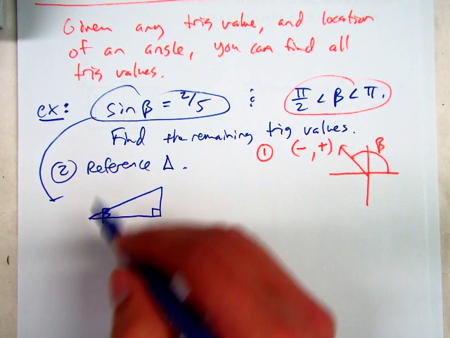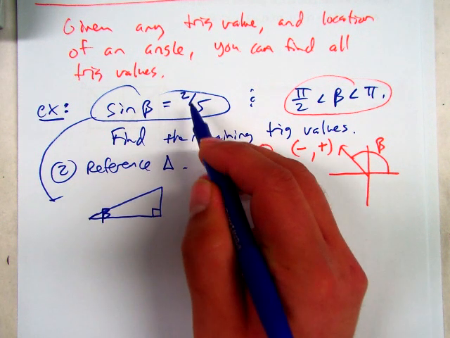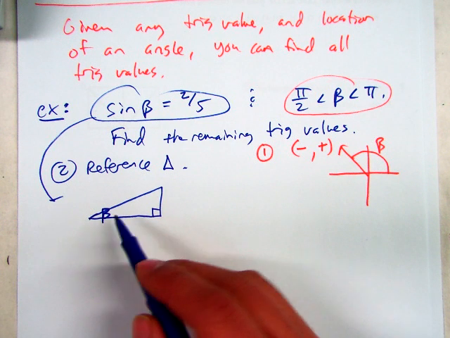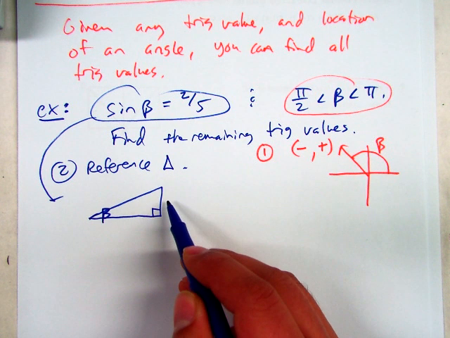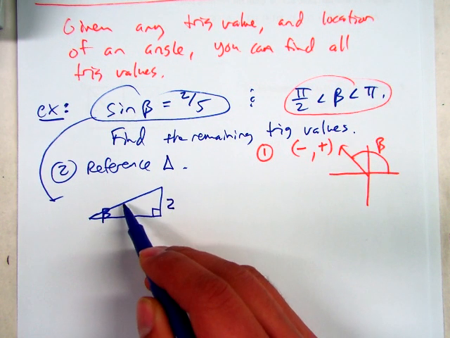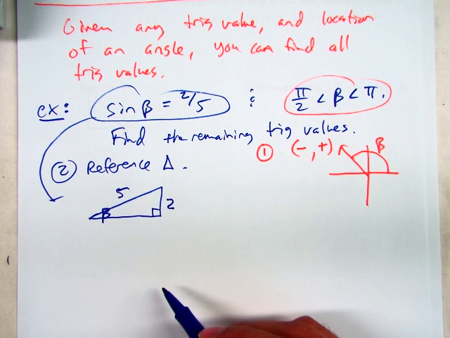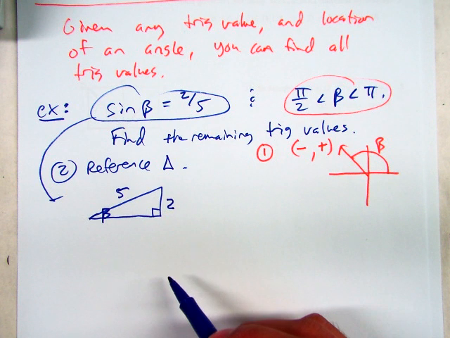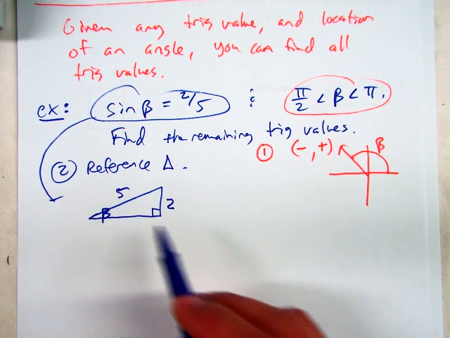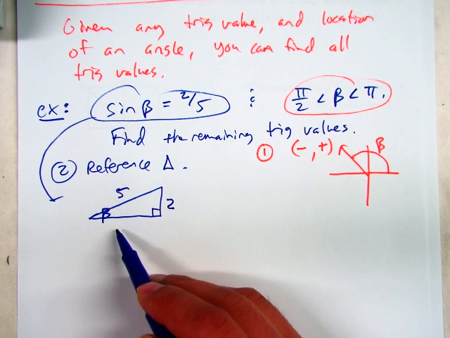And if sine is 2/5, that means that opposite of beta is how long? 2. And hypotenuse is 5. Does that make sense? Why do you do opposite? Because it's sine, right?